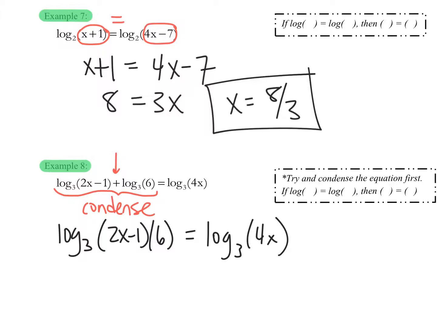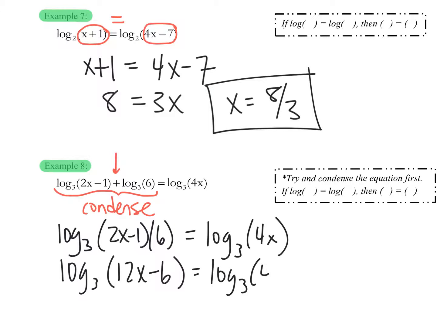Okay, so you can combine those 2 logs. That's the whole purpose of having these logs, and separating them out and practicing all that expanding and condensing that we did. This becomes log base 3 of, when you distribute the 6, you get 12x minus 6, and log base 3 of 4x. So now it looks a lot like example 7 up here, where it's one log equals another log, and in that case your parentheses are equal to each other.